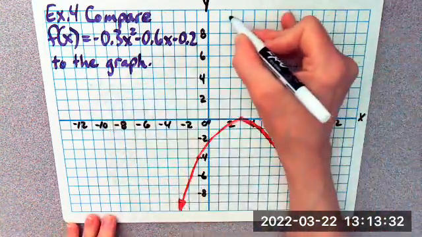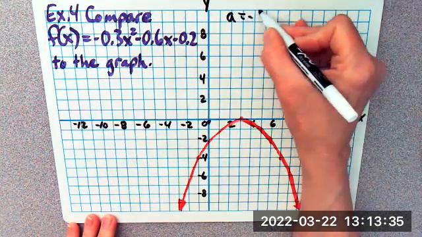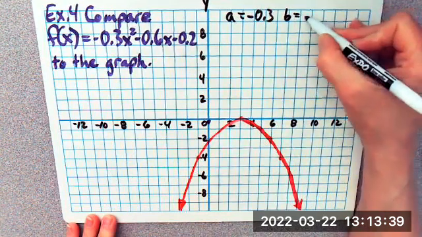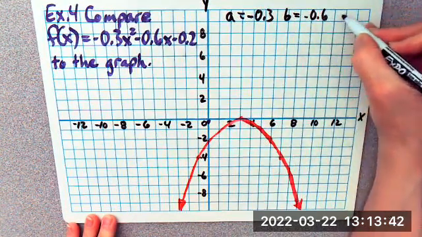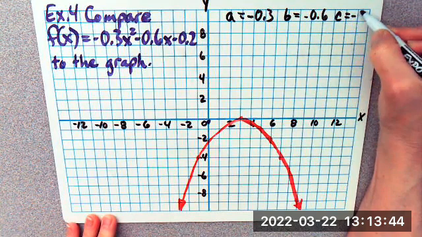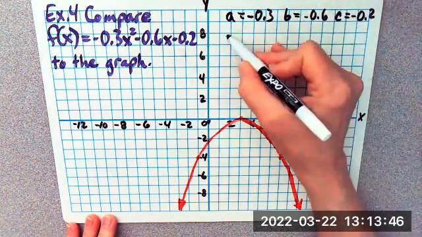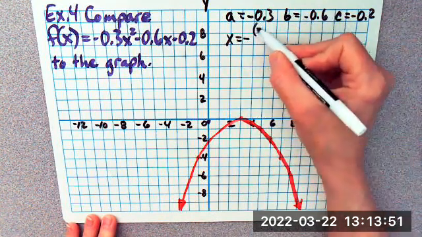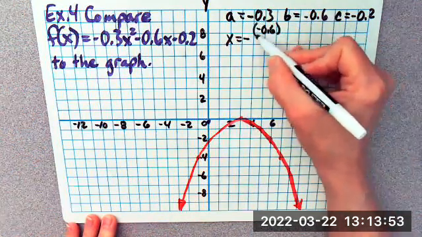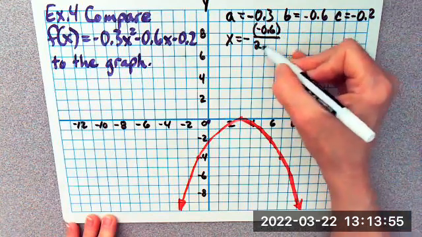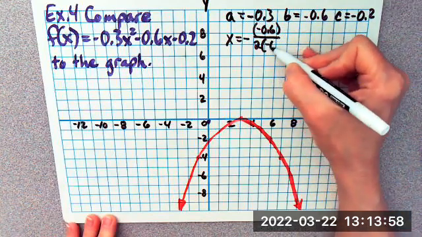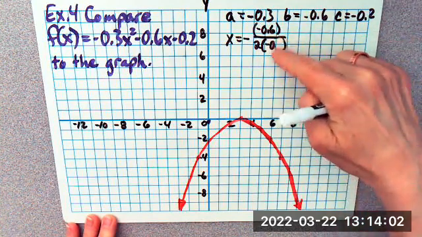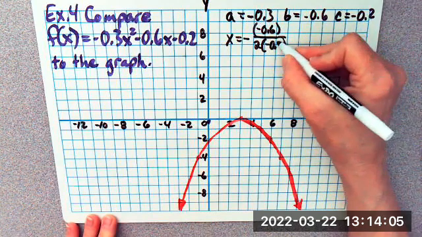So we have a equals negative 0.3, b equals negative 0.6, and c equals negative 0.2. So our axis of symmetry will be negative b, which is a negative 0.6, over 2 times negative a. Whoops, that's a 0.3.